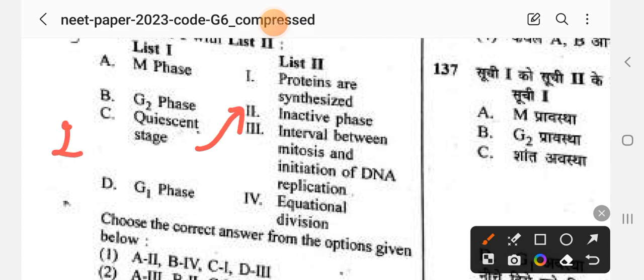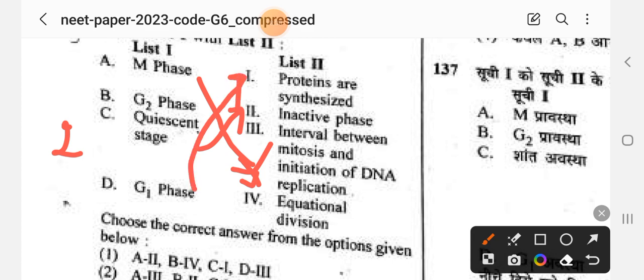M phase is the interval between mitosis and initiation of DNA replication. We can say yes. No, sorry. This is fourth. Equal division होता है. And proteins are synthesized. This is one.